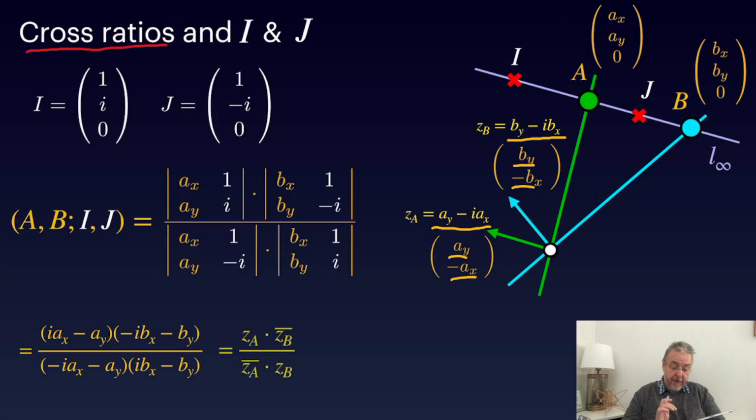So if we rewrite that, we get the following expression, which is an interesting one. So you get set A divided by set A conjugate times set B conjugate divided by set B.